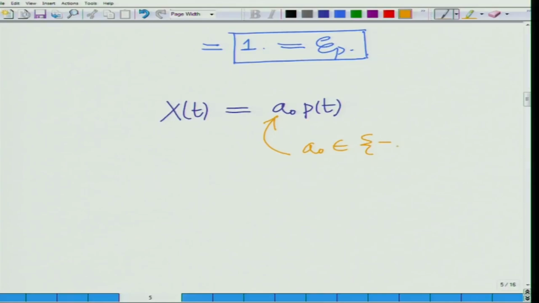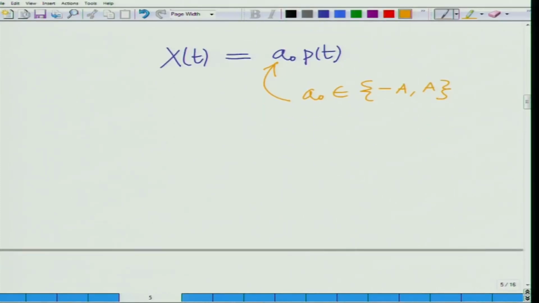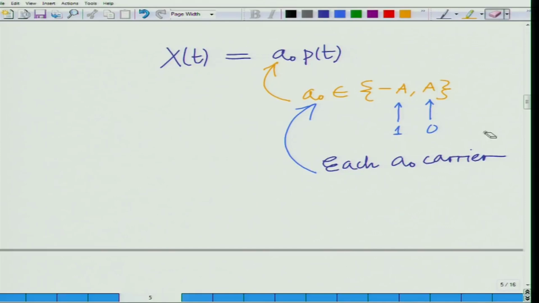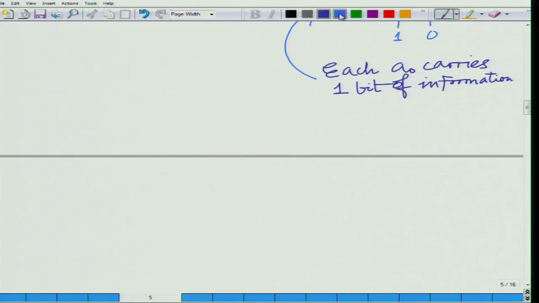Earlier we have assumed that A_0 belongs to minus A or plus A. Now, further, we are going to assume that if you are transmitting 0 or 1, for instance, let us say 1 is mapped to minus A, 0 is mapped to plus A. So each A_0 carries 1 bit of information. Okay.